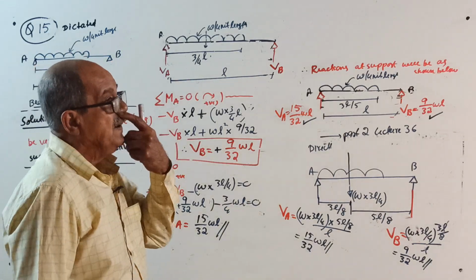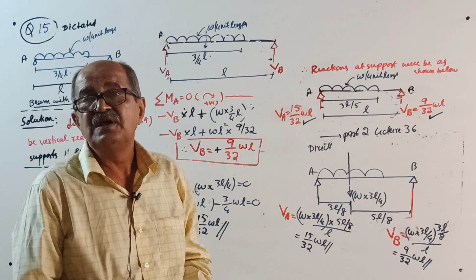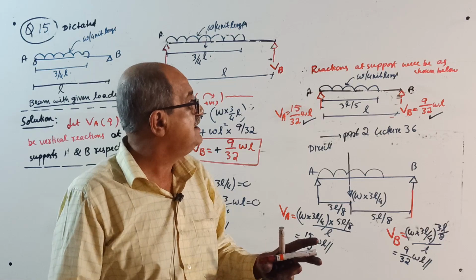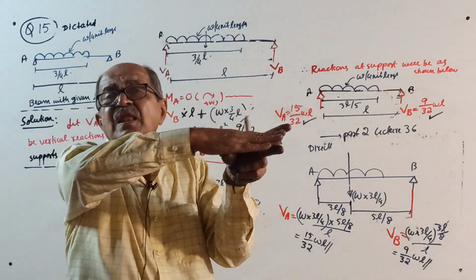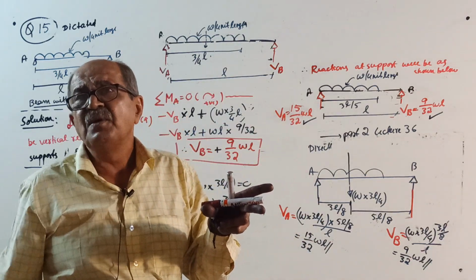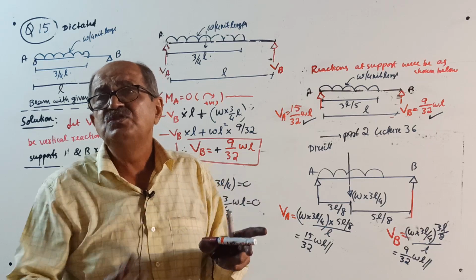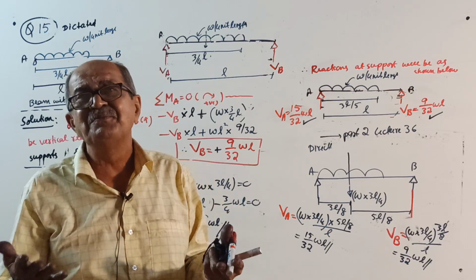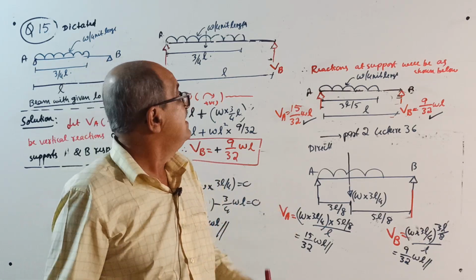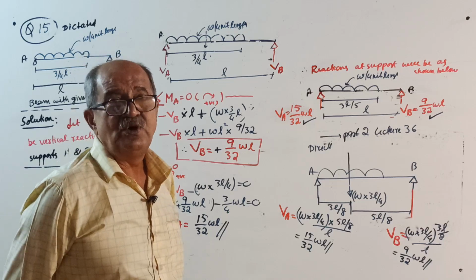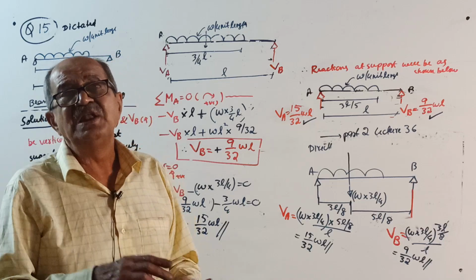Now, today we finished total 6 questions. First question, that is question number 10, full UDL in terms of WL. 11th question, full UDL numerical value. Very simple questions. Then 12, 13, 14, 15 are partial UDL.